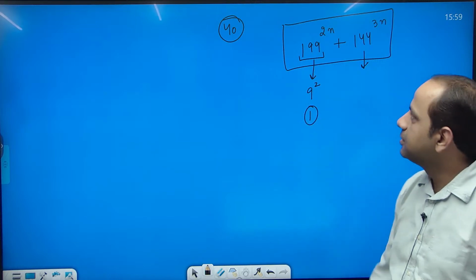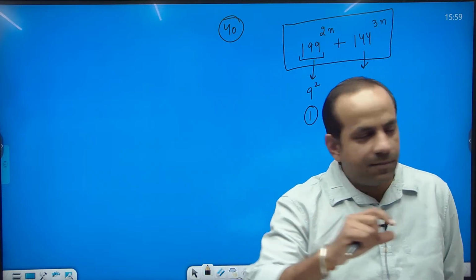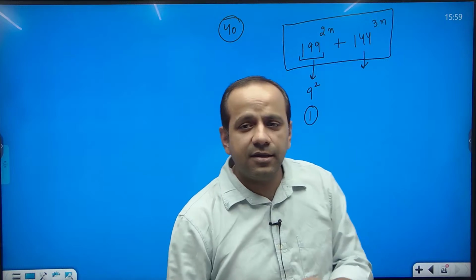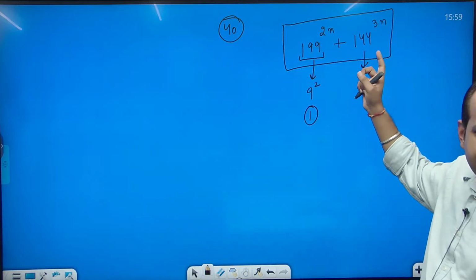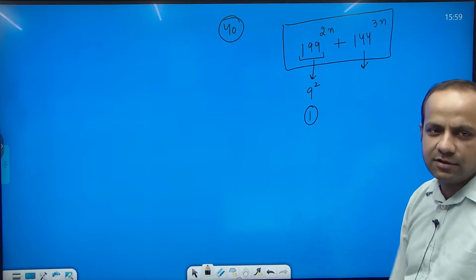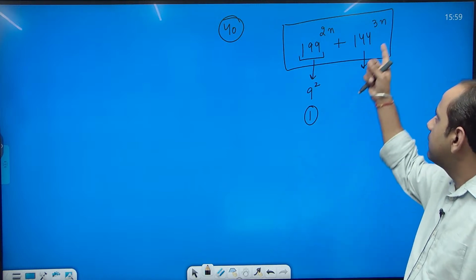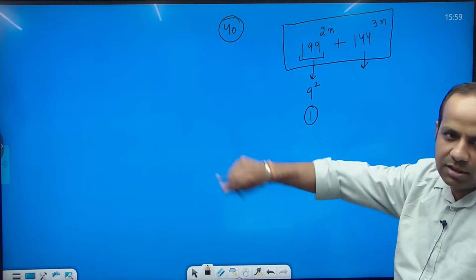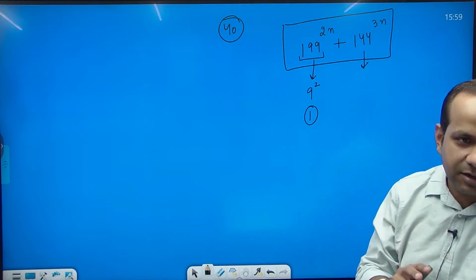This is clear, no? Same way, 144 to the power 3n. Now 144 belongs to which category? Second category. So we have to divide this power by 2. But 3n is not always divisible by 2. It may or may not be divisible by 2. It all depends on the value of n. If you are taking any odd number, then it will not be divisible by 2. If you are taking any even number, then it will be divisible by 2.